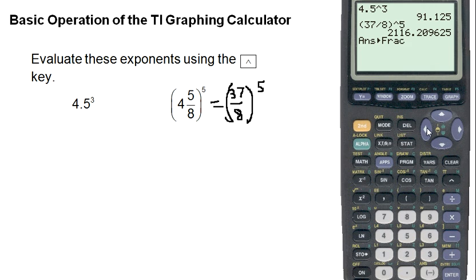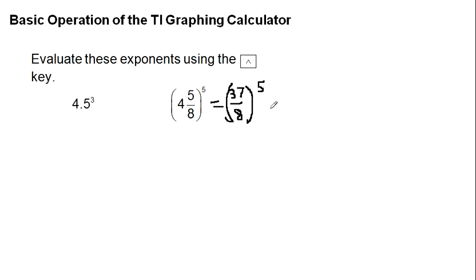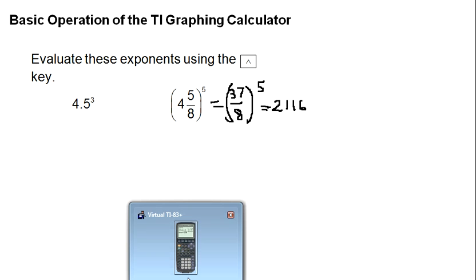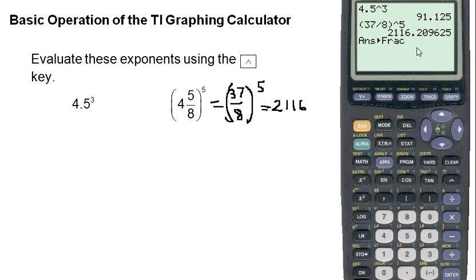Before I do that, let's write down equals 2116, because we really should subtract that and make it into a mixed number. And so let's, instead of doing that, let's clear that line and put minus 2116 and just look at the fraction part. Now sometimes for these long ones it's not going to change it for us. We can try though. Math 1, enter.